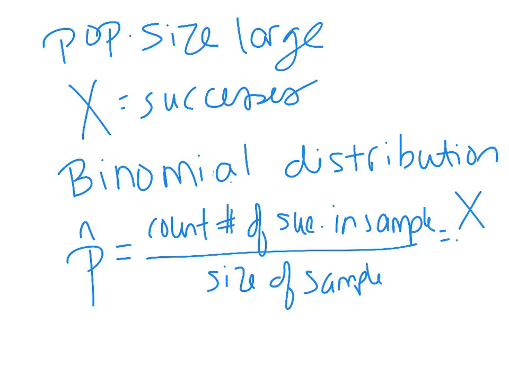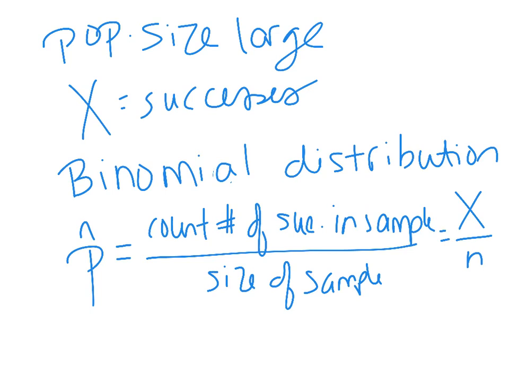Basically all this is saying is what you assumed we did to begin with. If I had a sample size of 25 candies, I would just count that 4 of them were orange, and 4 over 25 is going to be my p-hat.